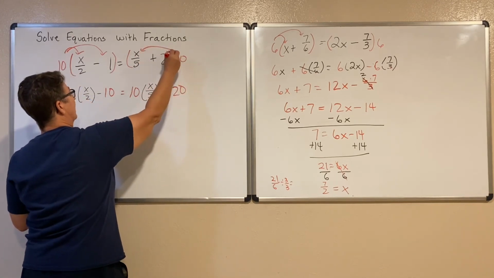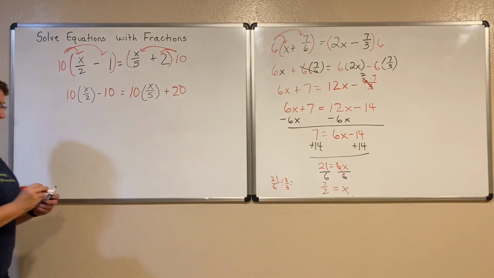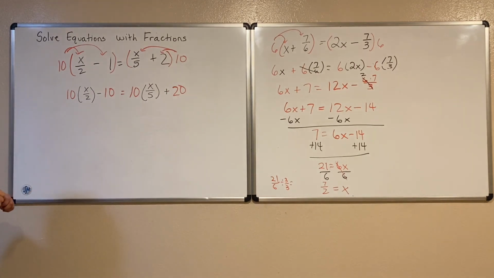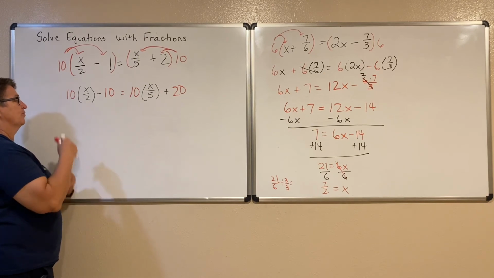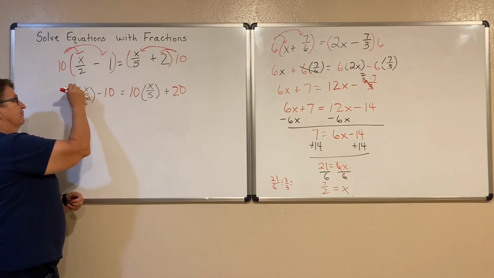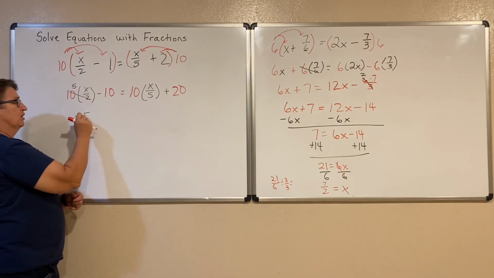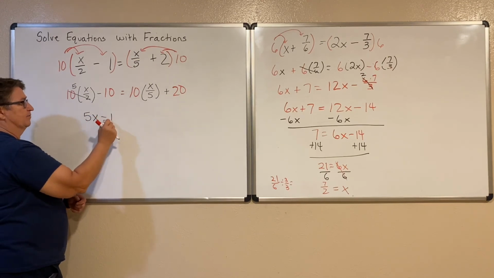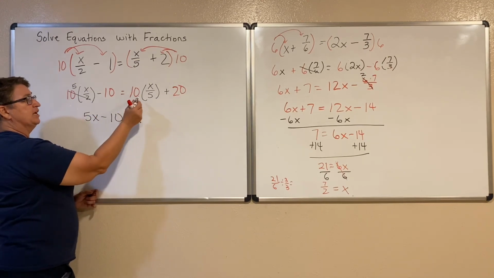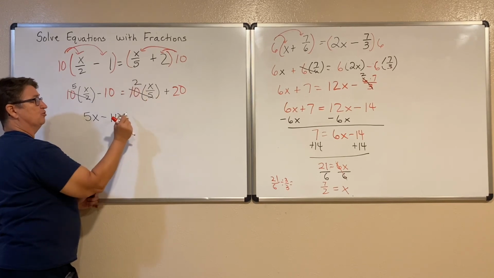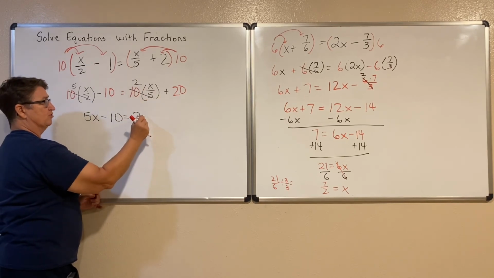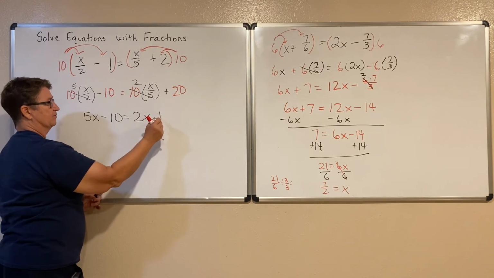So I distribute that to each of those. And when I do that, this 10 divided by that 2 becomes 5, so it leaves me with 5x. And here, this 10 divided by that 5 is equal to 2, so 2 times x is 2x.